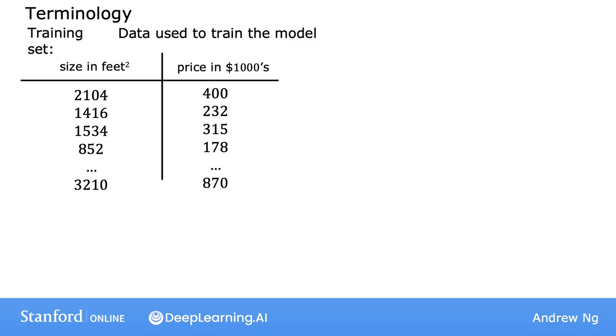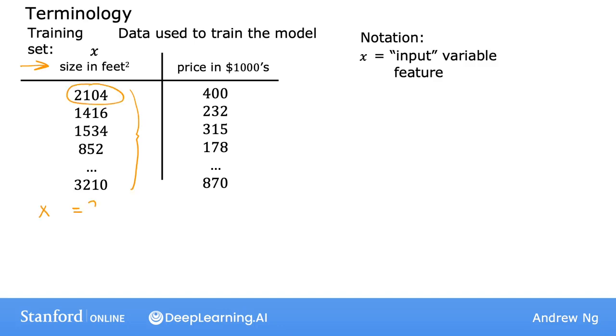In machine learning, the standard notation to denote the input here is lowercase x, and we call this the input variable. It's also called a feature or an input feature. For example, for the first house in your training set, x is the size of the house, so x equals 2,104.